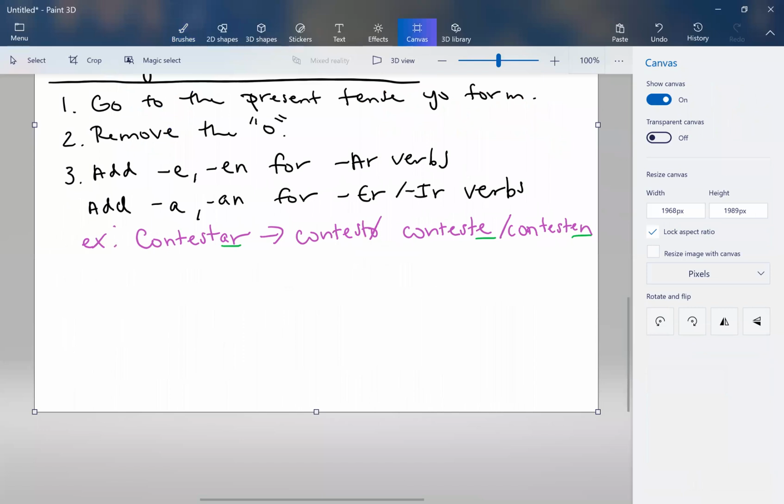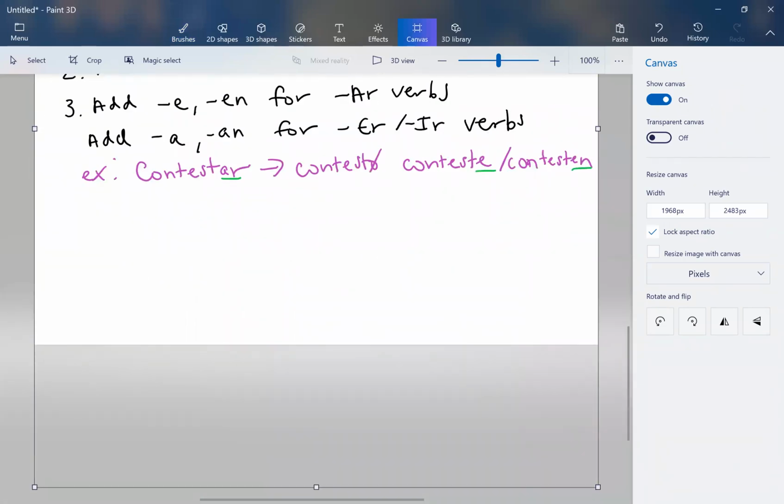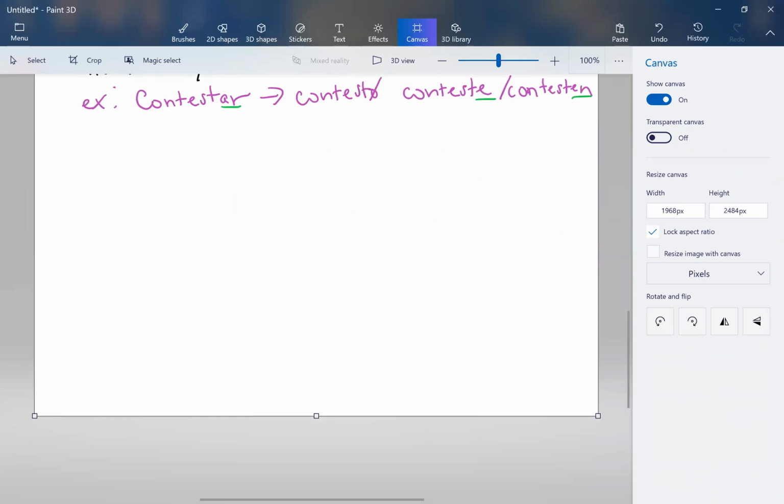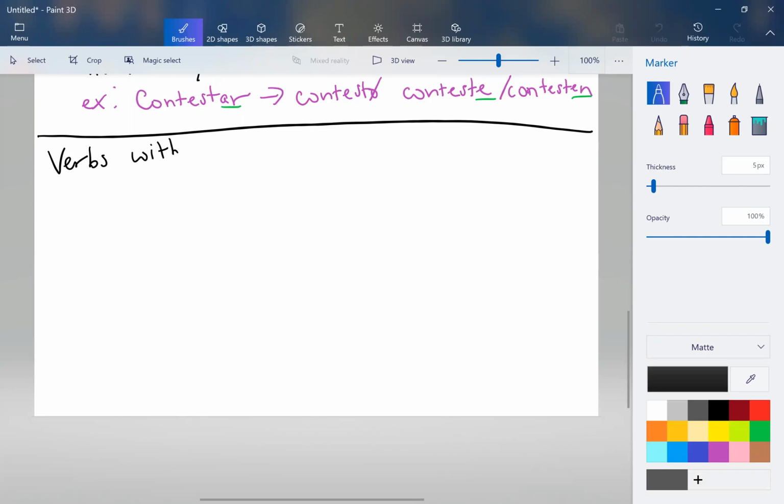So the first problem that we tend to run into is when we have verbs with irregular yo forms. Because we have to first go to the yo form. So if the yo form is irregular, we have to know that.